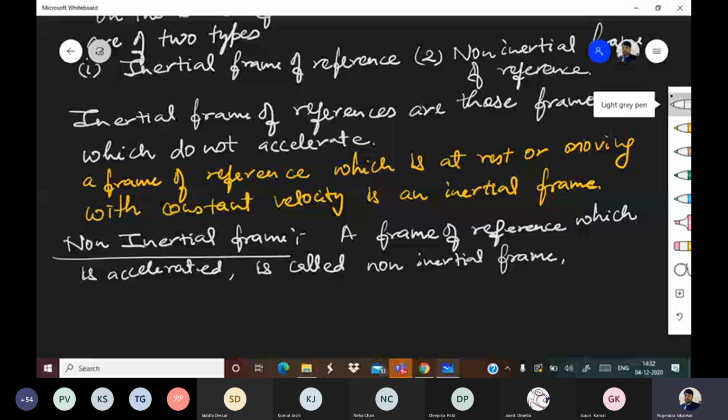Is Earth an inertial frame of reference or a non-inertial frame of reference? Give me the answer.